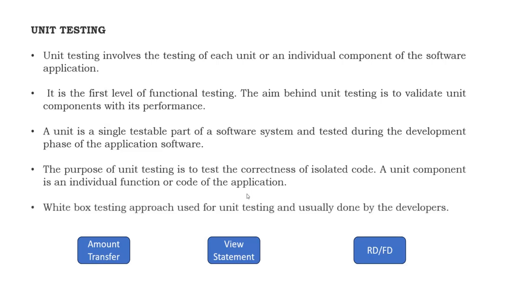The white box testing approach is used for unit testing and is usually done by the developers. They will run it in their local environment and check how the code is written and how it is working. All this will be tested as part of unit testing.